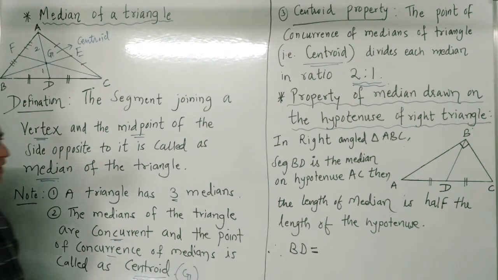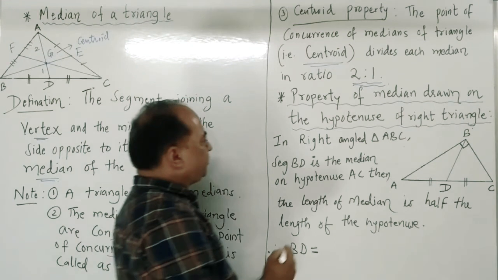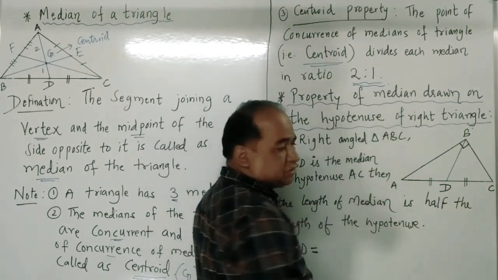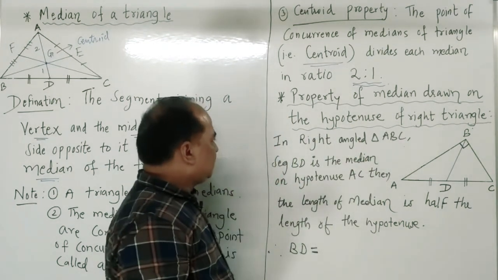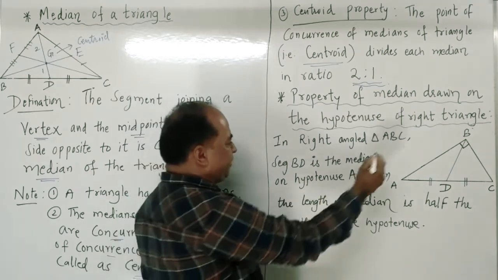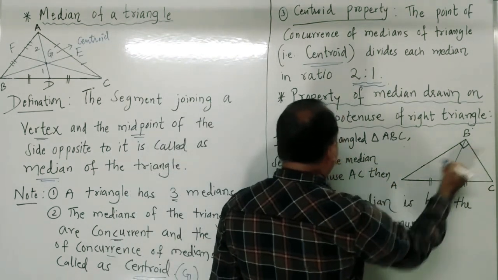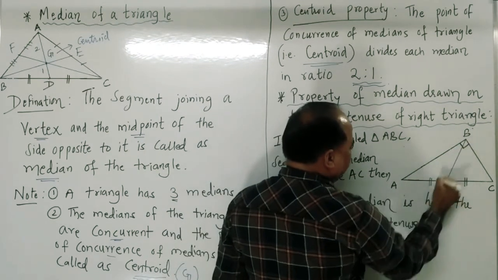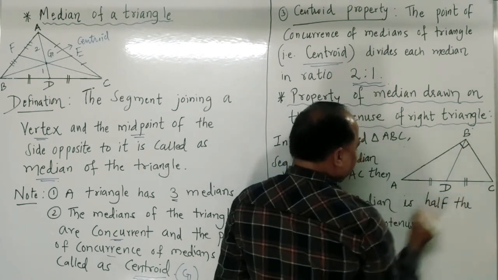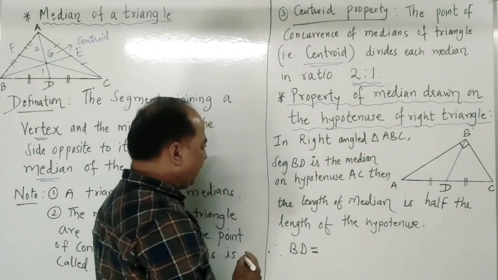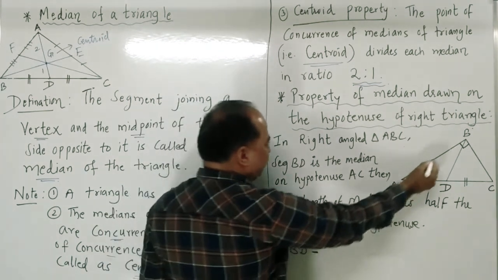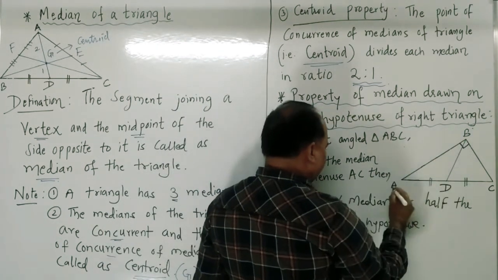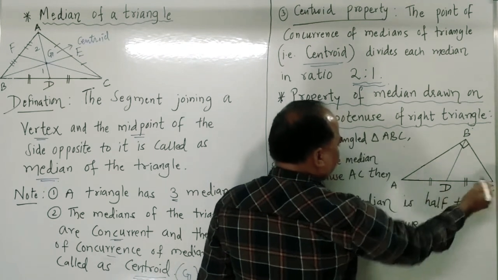Now we'll see in a right angle triangle the property of the median drawn on the hypotenuse. In triangle ABC, angle B is 90 degrees, and segment BD is the median on hypotenuse AC. Then the length of the median BD is half the length of AC.